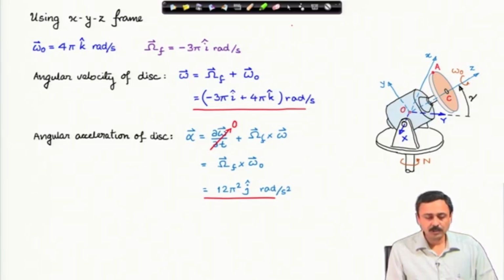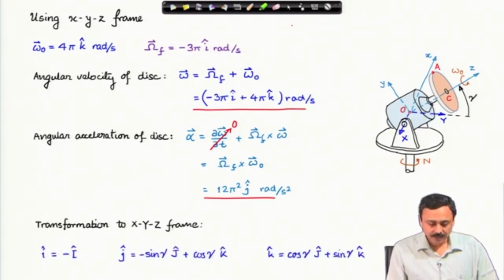Now we have found the net angular velocity of the disk and the angular acceleration of the disk, and we now transform to the capital X Y Z frame. How to transform? We must represent all these small i cap, j cap, k cap in terms of capital I cap, J cap, K cap.